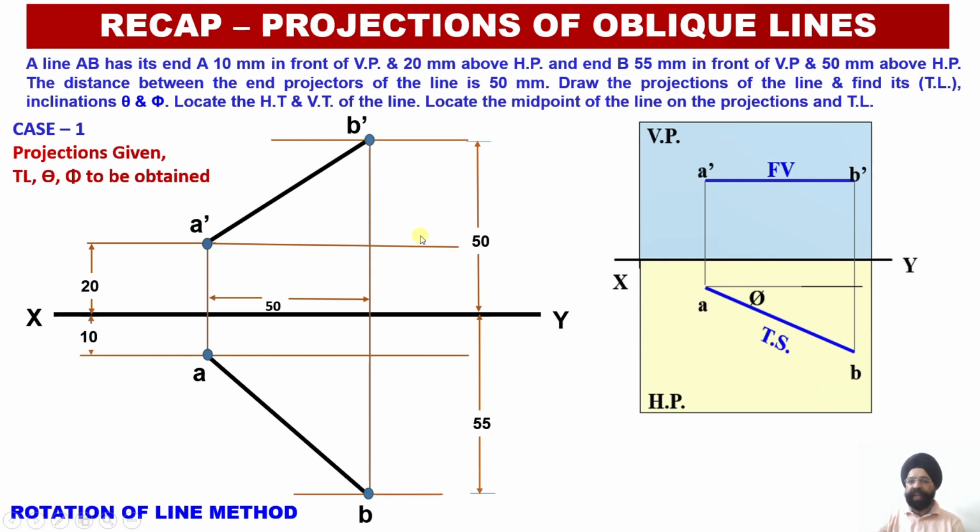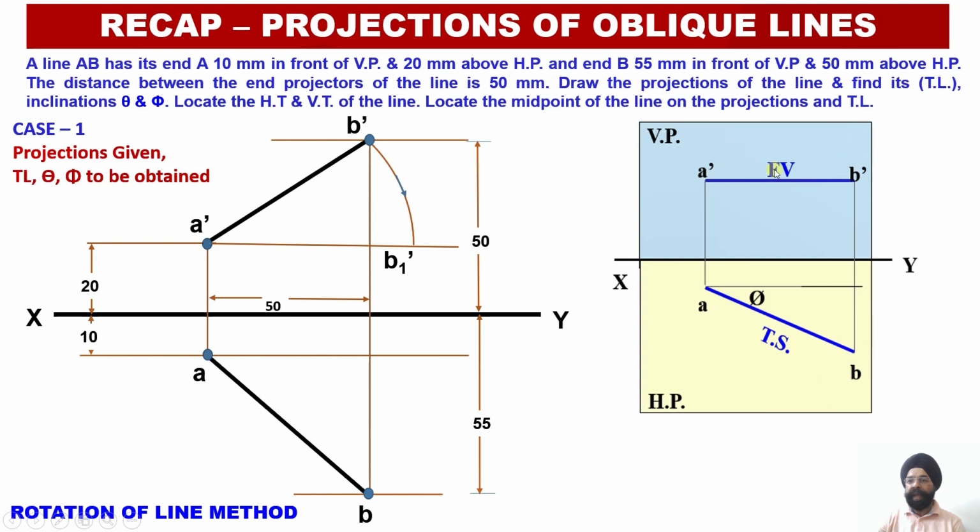I am going to rotate this apparent length so as to make it remain parallel to the horizontal plane. The moment I rotate this, since I am rotating the elevation point, the new point available will be B1 dash. And now A dash B1 dash, just like this, this projection becomes parallel to the horizontal plane.